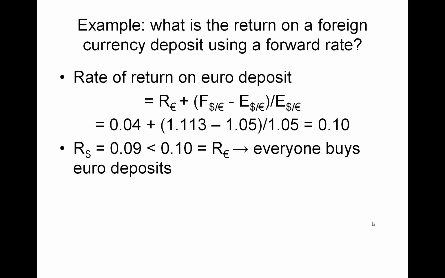So the rate of return for the dollar account was given at 9%, or 0.09, and this is less than what we just found for the euro rate of return, which is 0.10. And I just realized I have a typo here. It should be the expected rate of return on the euro deposit, including the forward premium. So in this case, everyone is going to buy euro deposits.